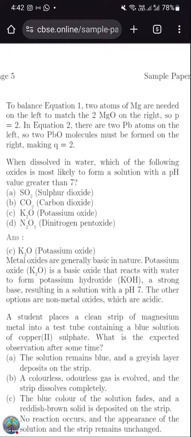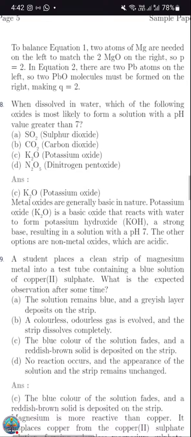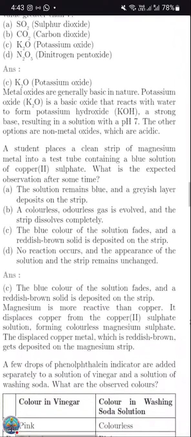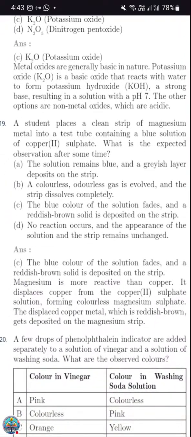Okay, some of you asked about K2O. If it got clear, we'll be shifting to the next question. Next question was, if the magnesium metal is dipped in copper solution. They took a magnesium strip and dipped it in copper sulfate solution. As magnesium is more reactive than copper, it will displace copper from copper sulfate solution.